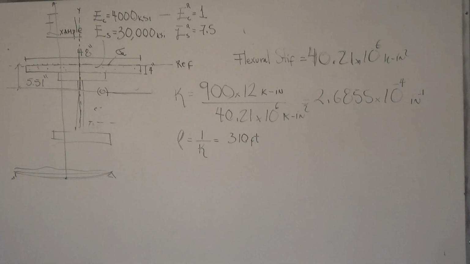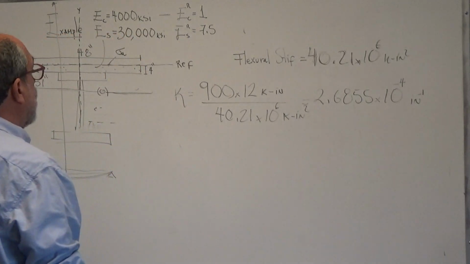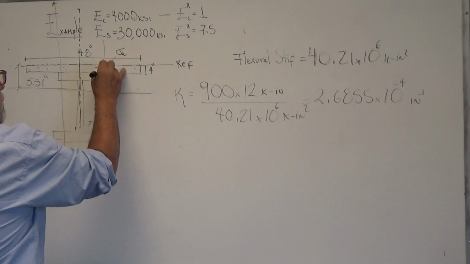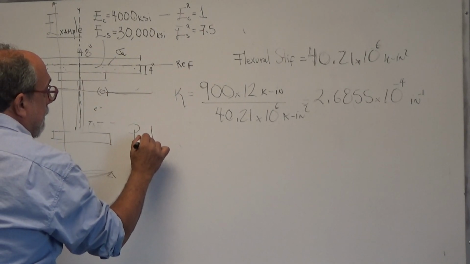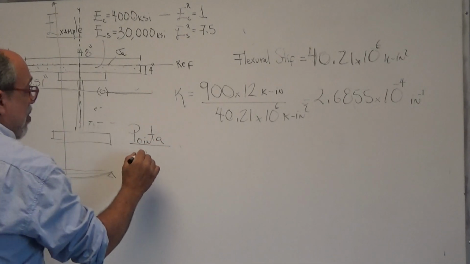All right. Now that we have the curvature, we can go and say, where is it that you want to know the stresses? You wanted to know it at point A? Okay, so let's look at point A. At point A, what is the strain?